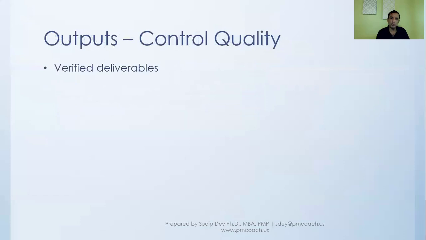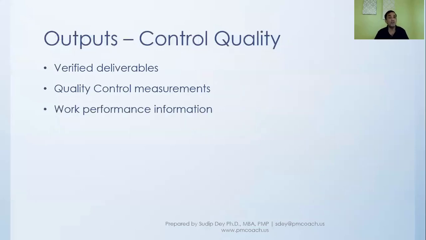The output from the control quality process is verified deliverables. We got the deliverables, we verified them, and we are ready to release them to our customers. All the measurements that we have done, how we have done the control quality, all this will be documented, and that also will be one of the outputs.